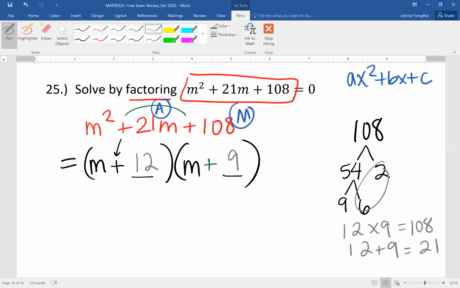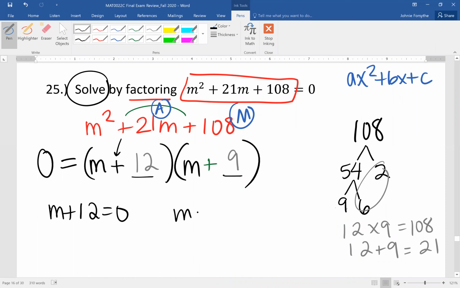Now, because we're solving by factoring, it's set equal to 0. To then solve it, you would use the zero product property and set each factor equal to 0, and then you would solve each one individually.